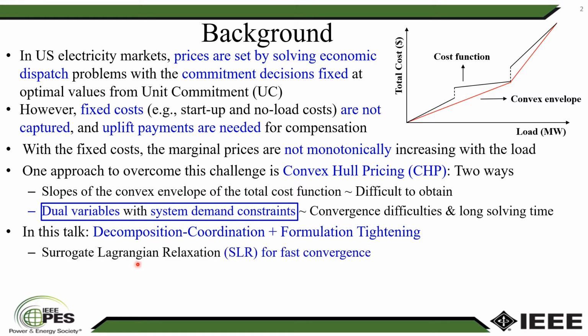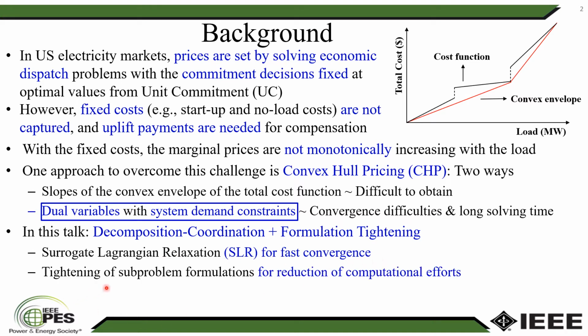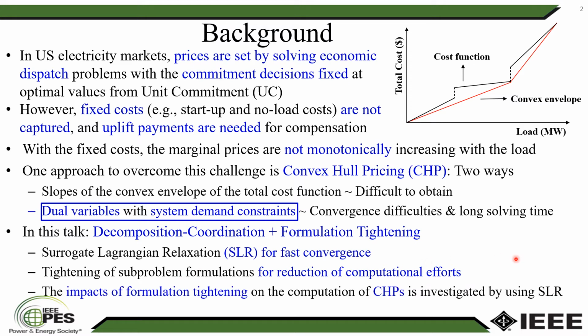We use a decomposition and coordination method called surrogate Lagrangian relaxation for fast convergence. We use formulation tightening of the subproblem for reduction of computational efforts. Finally, we try to study and understand the impact of formulation tightening on computation of convex hull prices, which are being solved by SLR method.